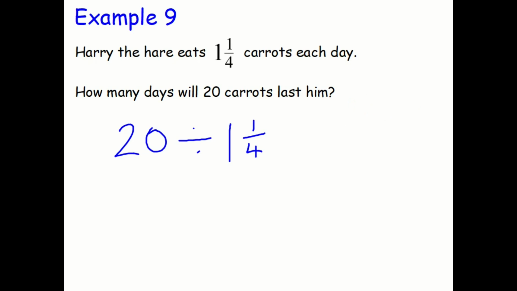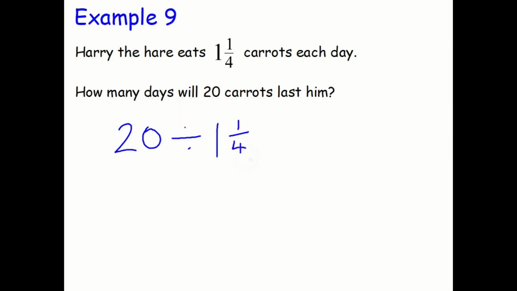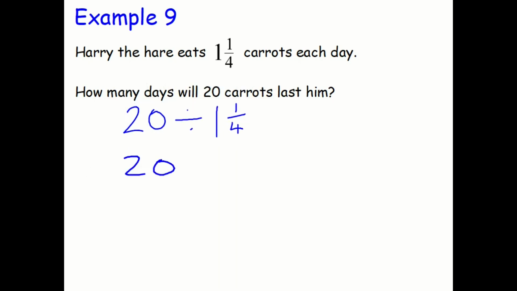So this is keep, swap, flip. Make sure you change this mixed number into an improper fraction. So this becomes 20 divided by 5/4, because 5/4 is 1 1/4 as an improper fraction. Keep, swap, flip.